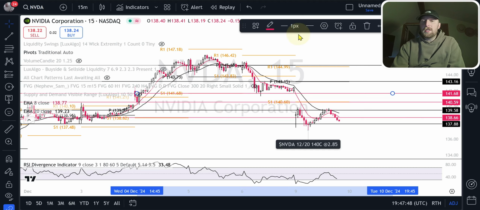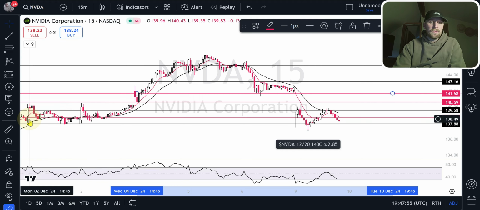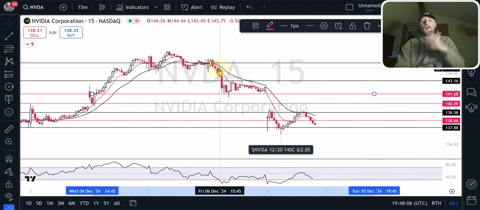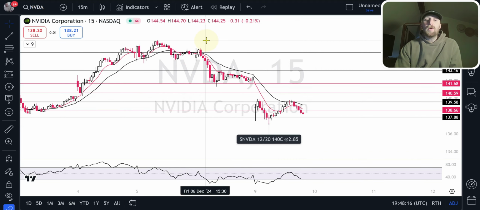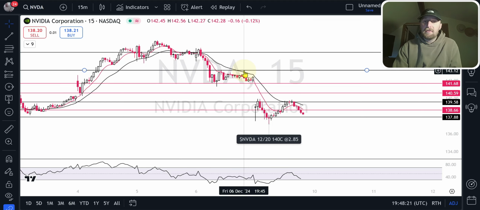Once you're done drawing all your lines out, your key pivots and your support and resistance lines, you can hide that indicator. So now we have all of our key pivots, support and resistance lines drawn out. What I want you to see is how each candle is going to react against one of these key pivots.